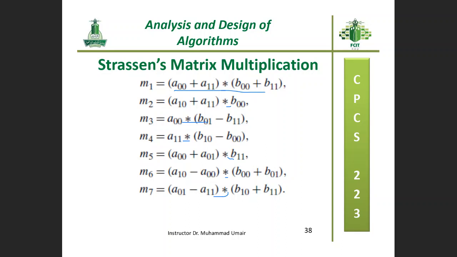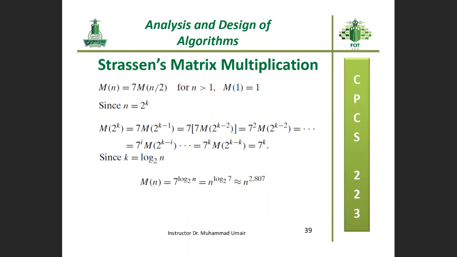For every recursive call you have to make 7 multiplications, and if we write the recurrence on this formula, the number of multiplications will be M(n) equals 7 into M(n/2), because after every multiplication the problem size in terms of the digits of a number will be reduced by a factor of 2.